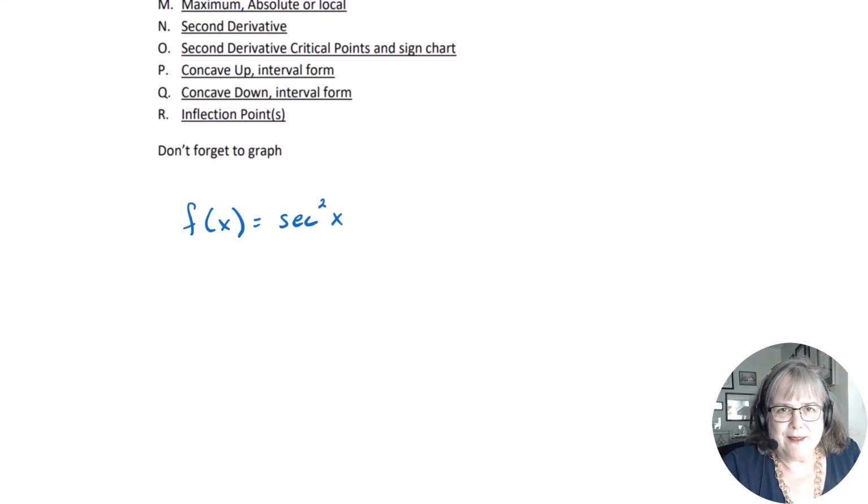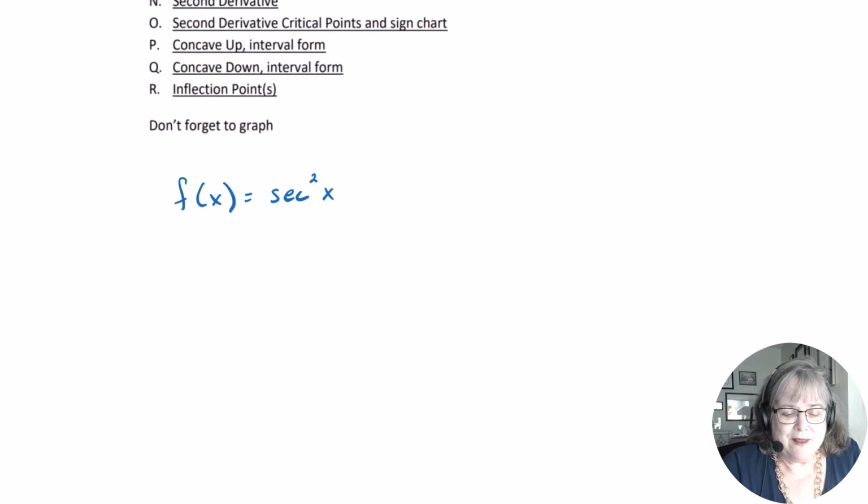Now, secant is what I call a version of cosine because it's the reciprocal. Flip it upside down. So this is actually 1 over cosine squared x. And remember that that square is actually 1 over cosine x squared, because you may need that.